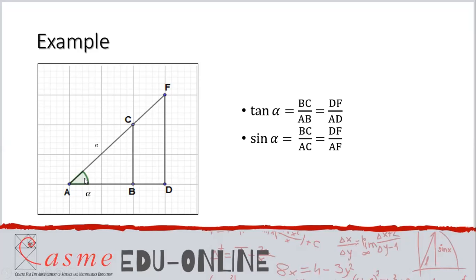So now for the cosine of alpha, it's either AB over AC, or it is equal to AD over AF. So we can see that now, given any triangle, we can always determine the tangent, the sine, and the cosine.